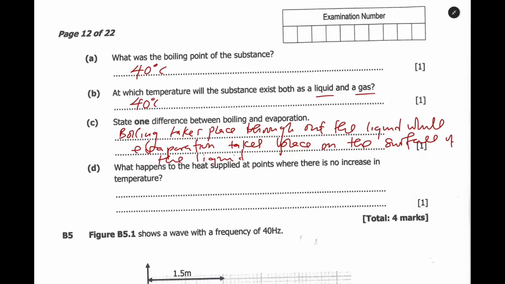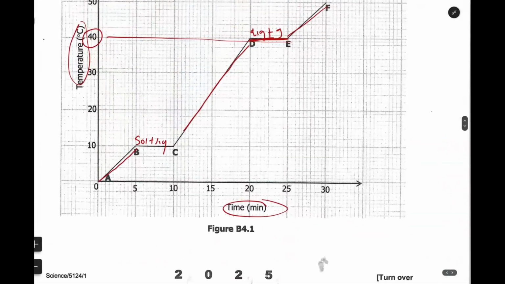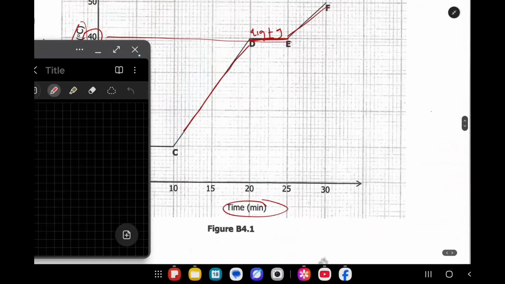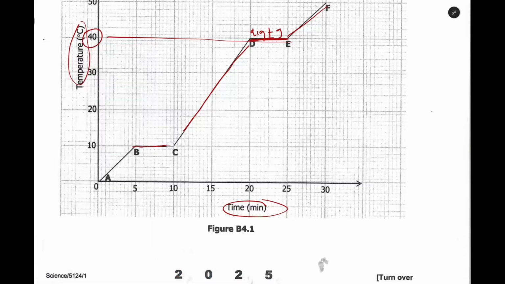Question D: what happened to the heat supplied at the point where there is no change in temperature? The heat supplied is here specifically. What happened to the heat supplied here, and also here?